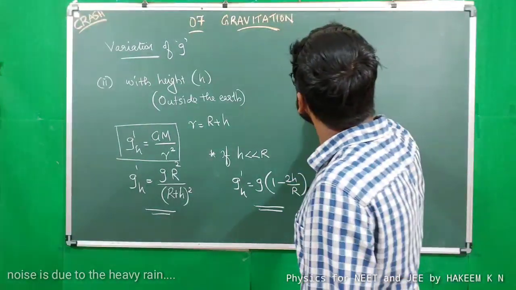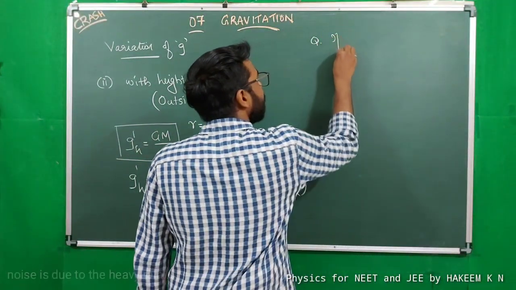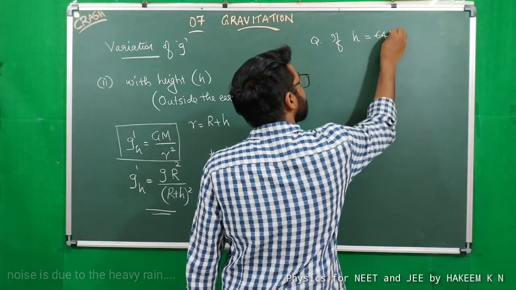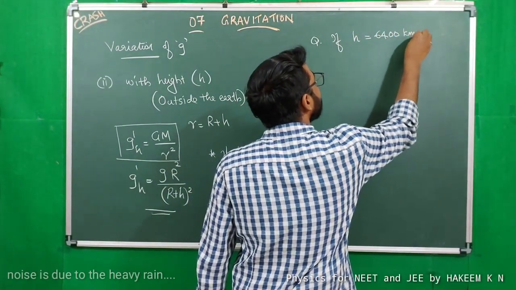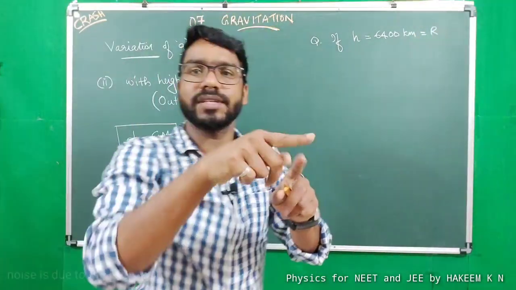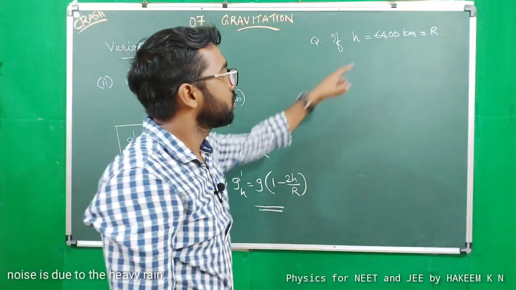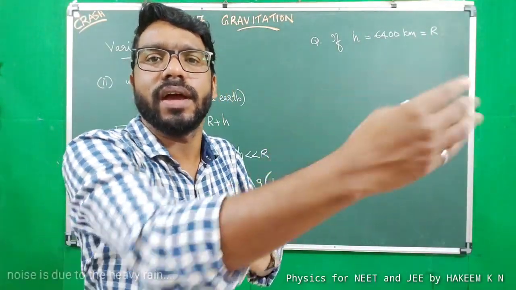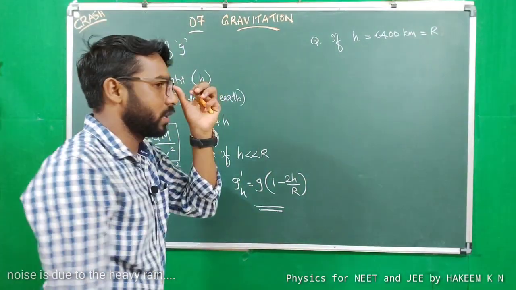So we can discuss a question here. If the height of a body increases to 6,400 kilometer, that is equal to the radius of Earth, then what will be the acceleration due to gravity acting on it? How can we calculate?